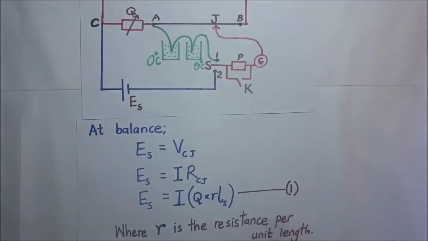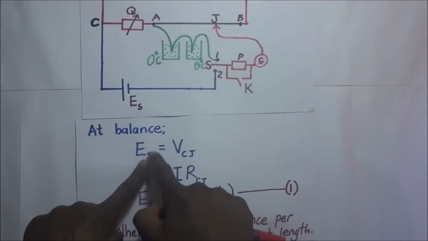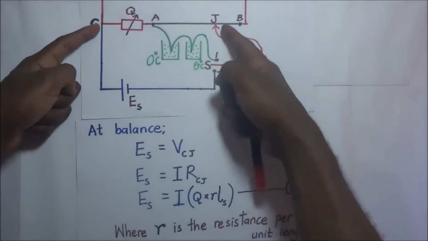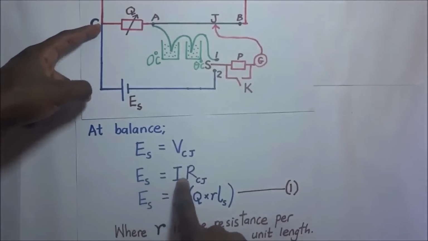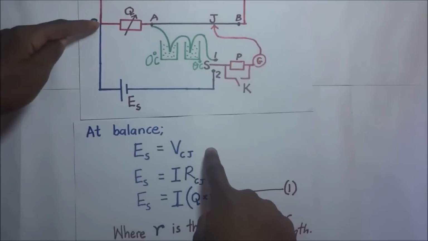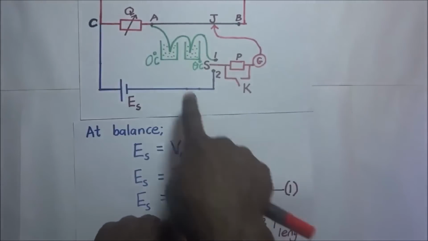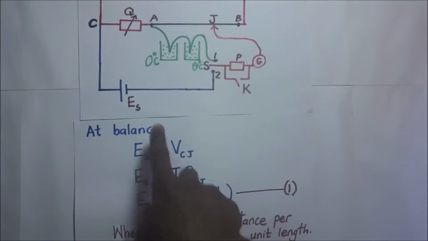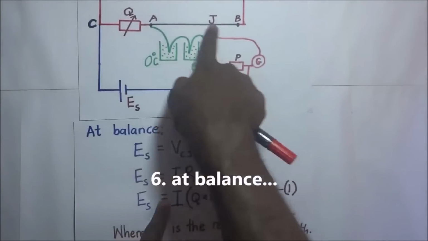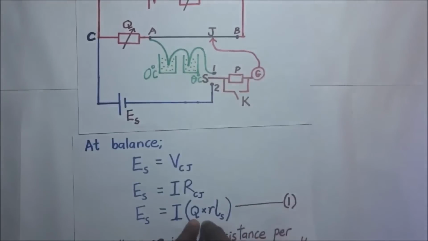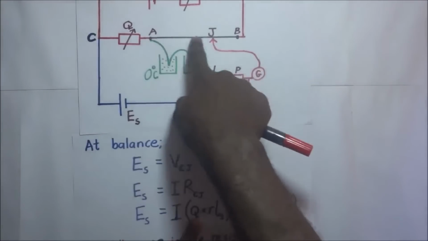At balance, ES, the EMF across the standard cell, is going to be equal to the potential difference across C and J. Of course, the potential difference across C and J is going to be the current going through that portion times the resistance between C and J. Now, unlike before where it was all just a wire, in this case our effective resistance between C and J comprises a variable resistor Q and also that portion of the slide wire up to the balance point.